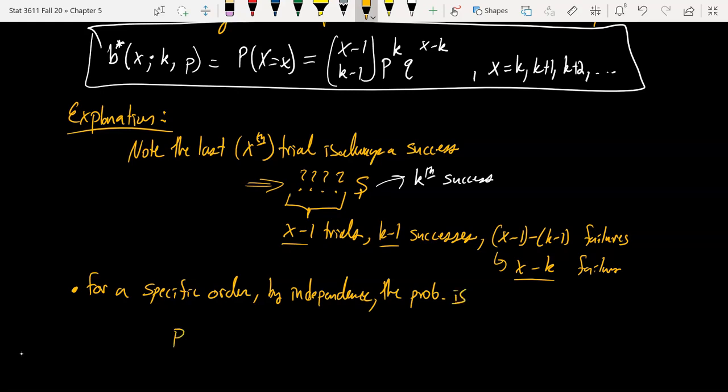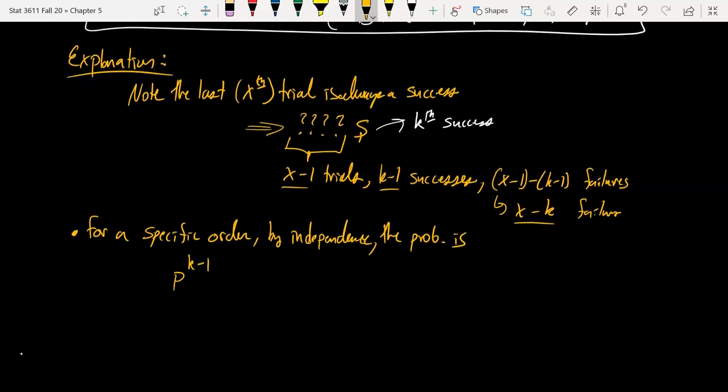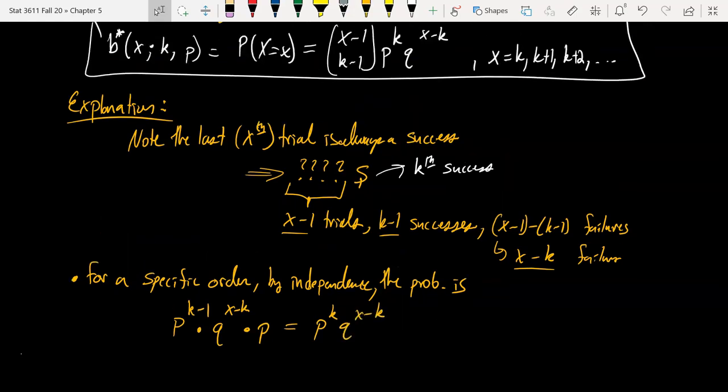It would be p to the k minus 1, probability p of each of those k minus 1 successes. There's q, or 1 minus p, for the failures. How many failures are there? There are x minus k failures. And the last trial, the kth success, is a success, so times 1 last p. And naturally we can combine our like terms. This is just p to the k power times q to the x minus k.